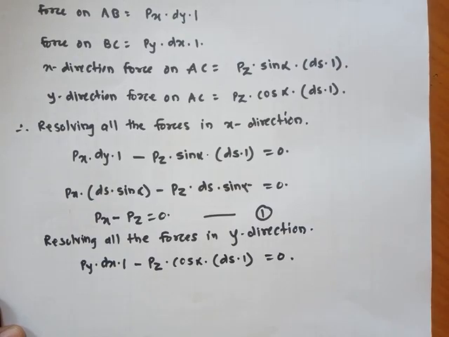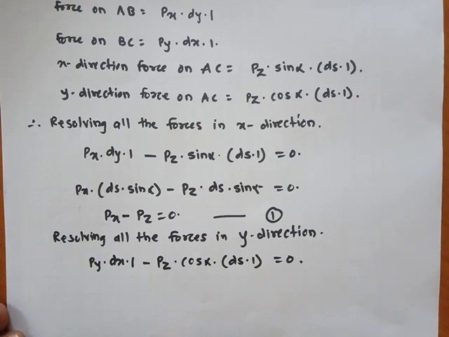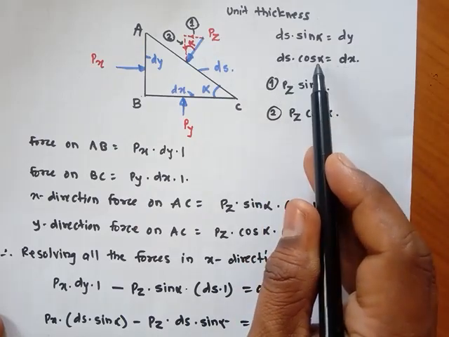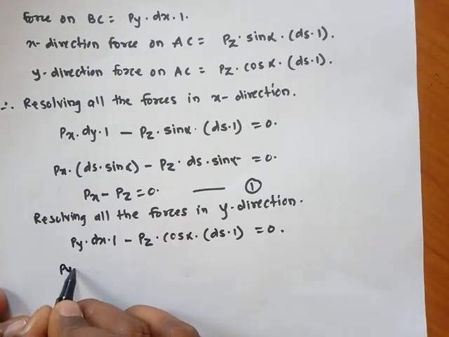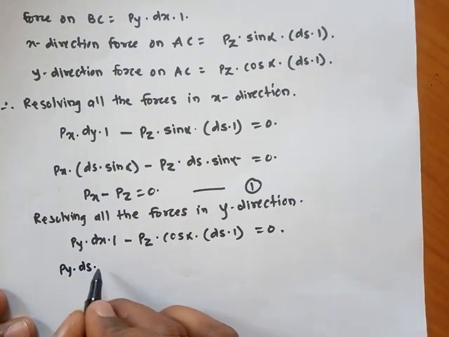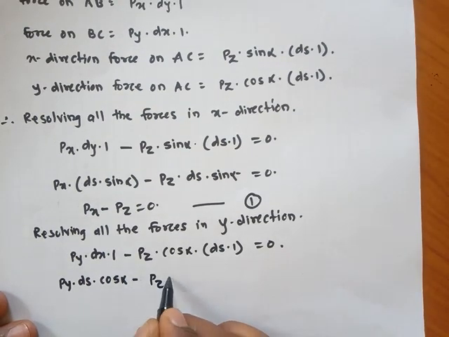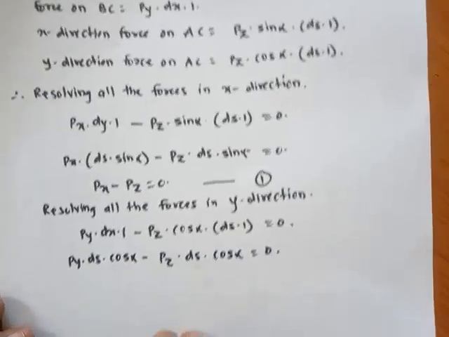Here the fluid element is very small, so we are neglecting the weight, which always acts in downward direction. From trigonometry, dx is equal to ds cos alpha, so substituting the value of dx, we have Py ds cos alpha minus Pz ds cos alpha is equal to 0.